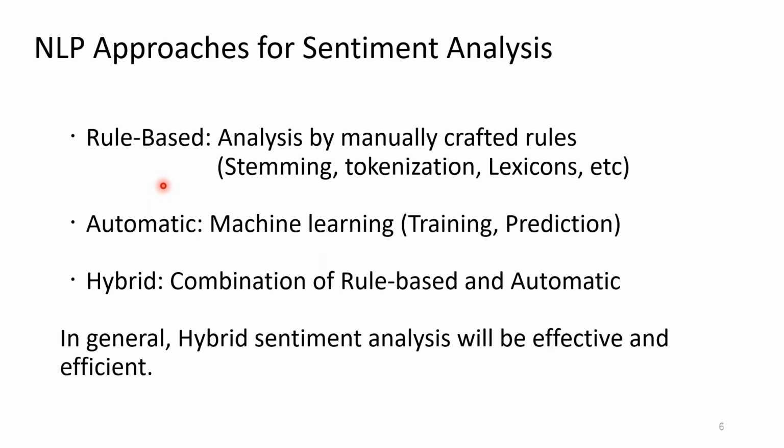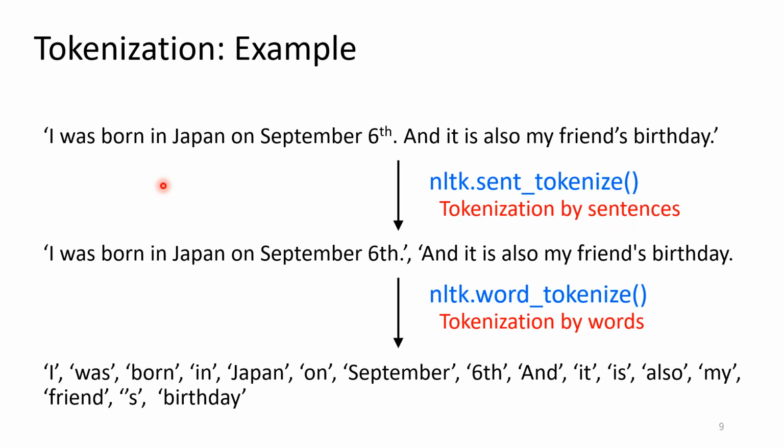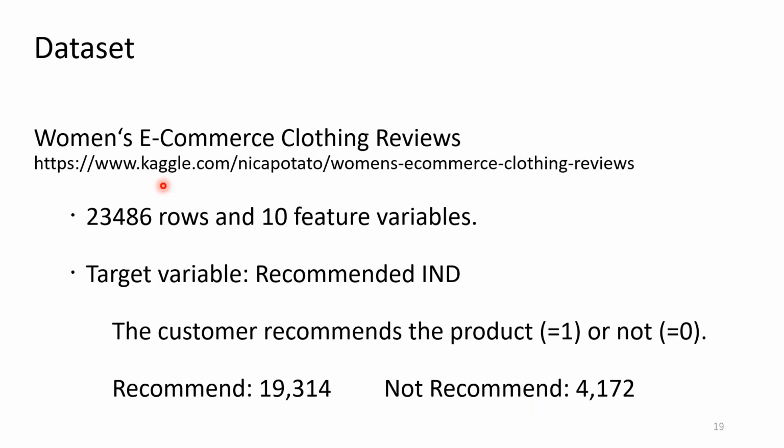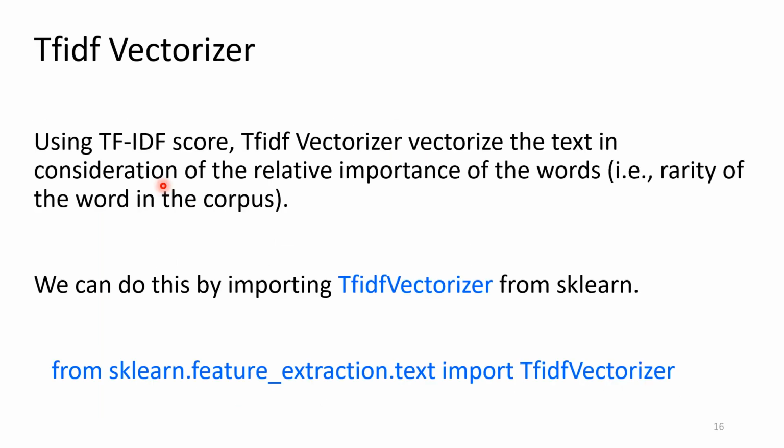How does tf-idf compare to word2vec or BERT for sentiment analysis? Or how is tf-idf better? Because this vectorizer pays attention to the relative importance of the words.